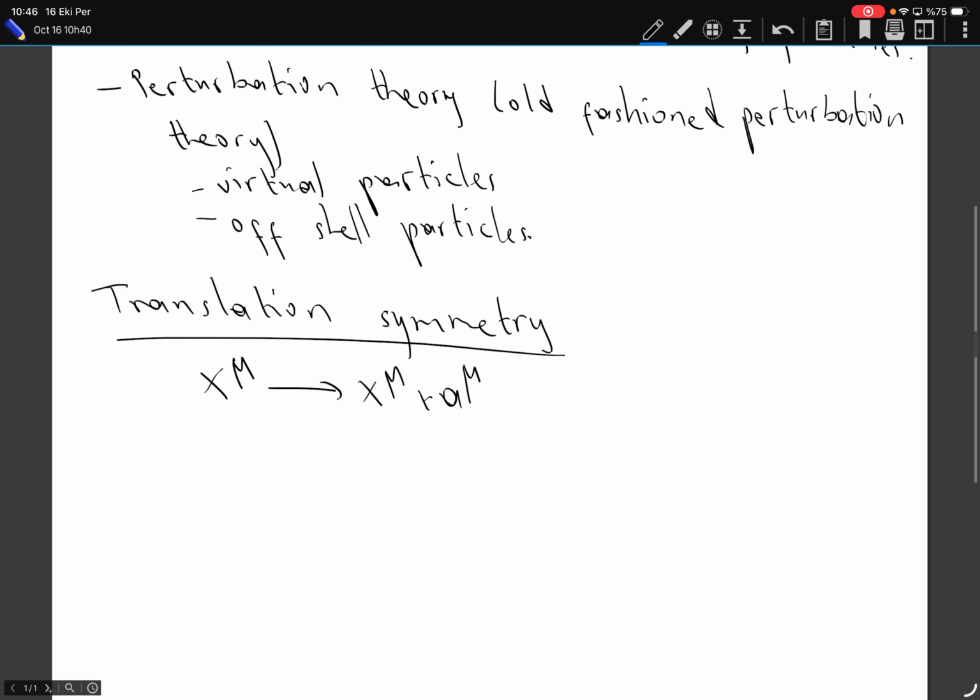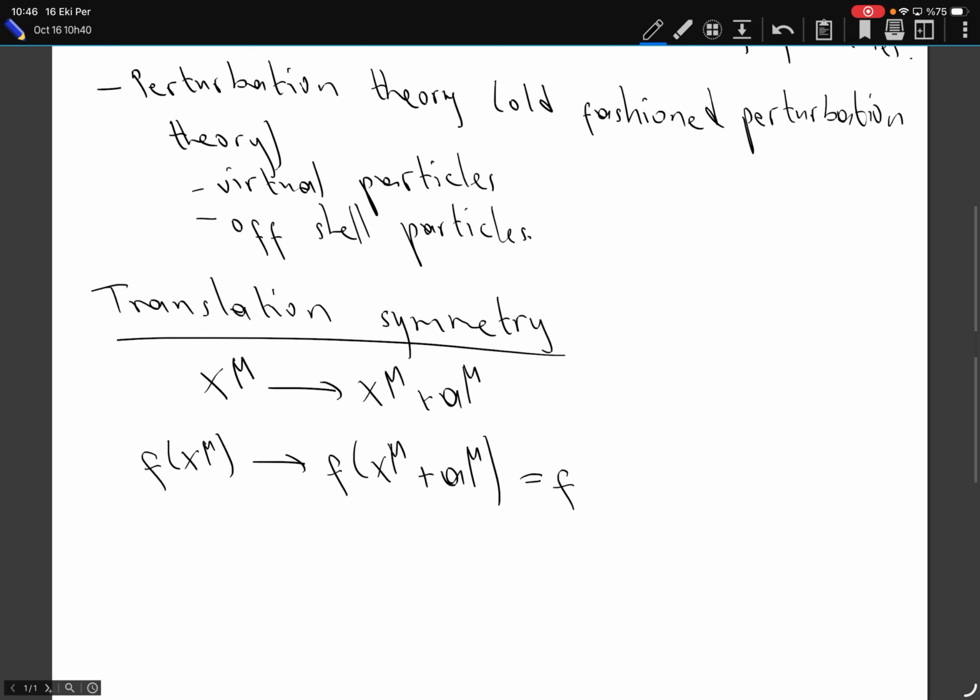How do functions change? If you have a function of x^mu, this will become the function of x^mu plus a^mu. If a^mu is small, and that's usually what we do in Noether's theorem to identify the charges, we look at infinitesimal symmetry transformations.